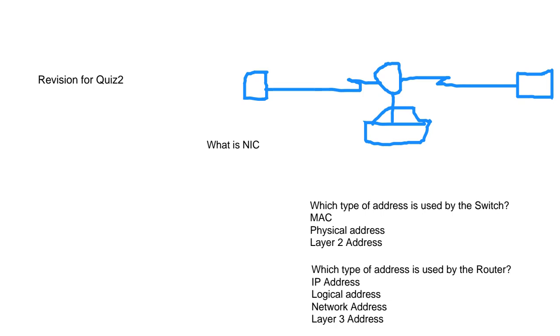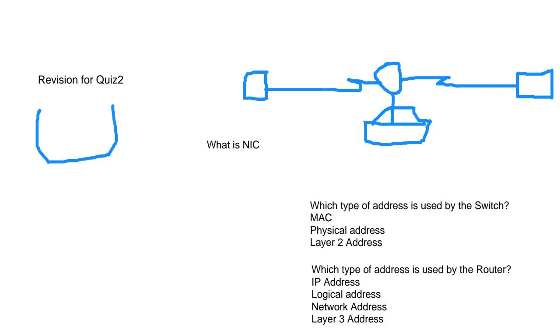In the transport layer, we had two important protocols. What are the two transport protocols? TCP and, come on guys, UDP. Which one is more reliable?